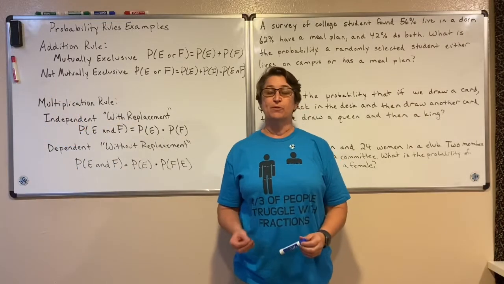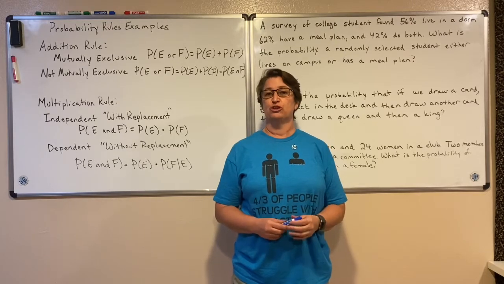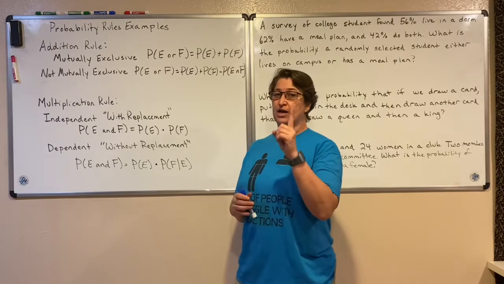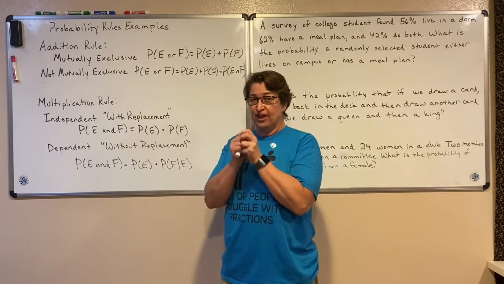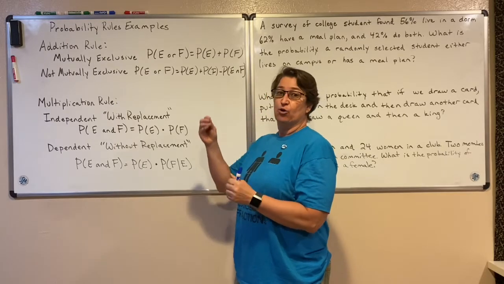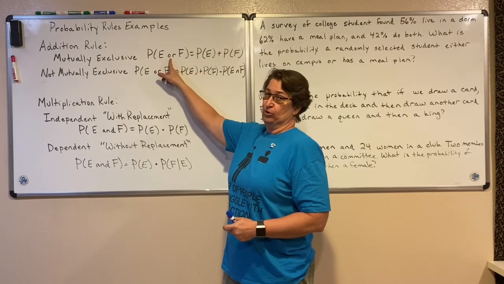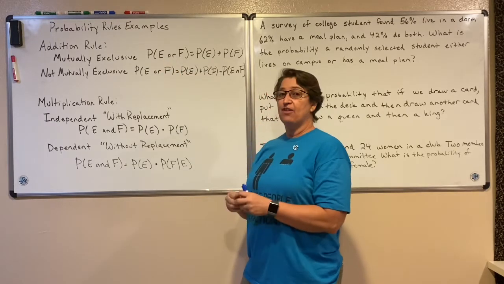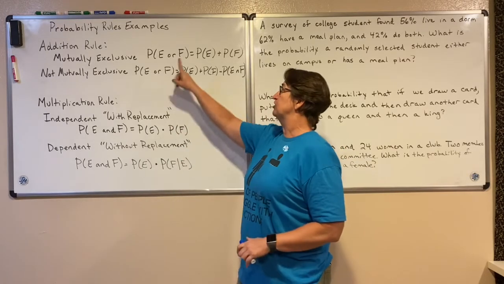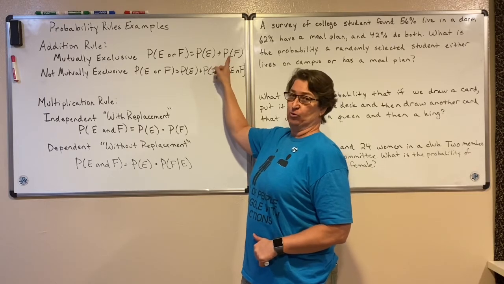Let's put these probability rules together now, and then do a few examples using those rules. First, when we have one experiment, one thing that we're pulling out, and we want to know if it's this or that, where we have this "or" in between when we set it up: if they are mutually exclusive, in other words, they don't overlap, we just take the probability of the first one and add it to the probability of the second one.